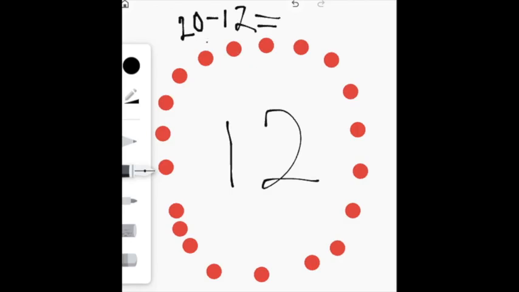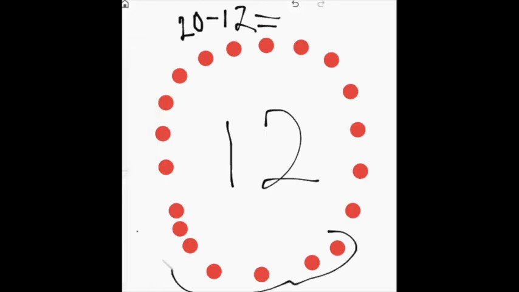So that means I need to circle everything except for 8. 2, 3, 4, 5, 6, 7, 8. So I'm going to circle everything else. Let's see if that's right. 1, 2, 3, 4, 5, 6, 7, 8. Boop.